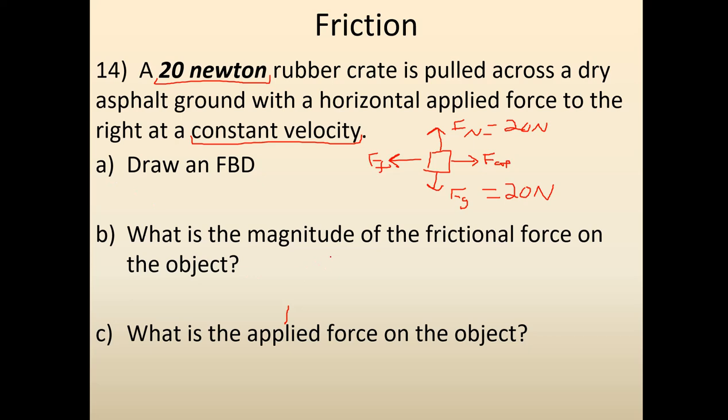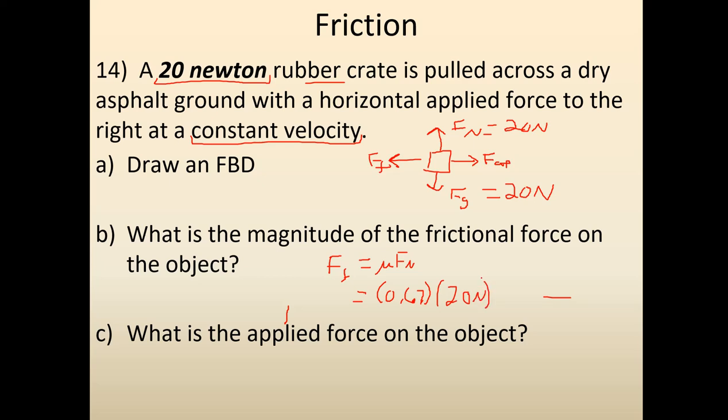They want the frictional force on the object, so Ff equals mu Fn. We have dry asphalt and rubber, and it's moving, so that's going to be the kinetic, which is 0.67, and the normal force is 20.